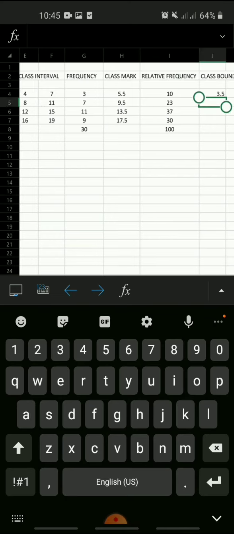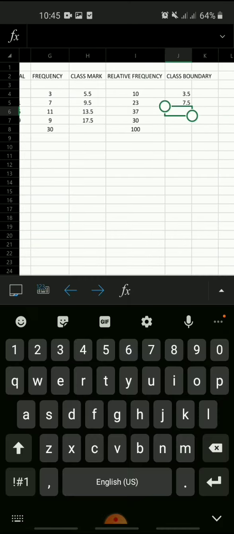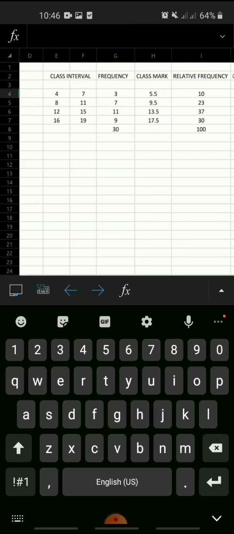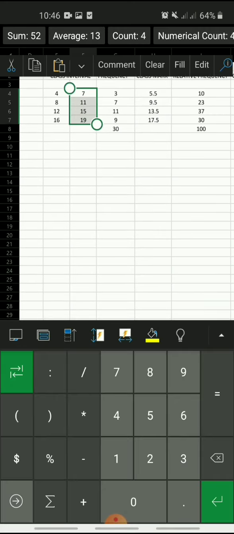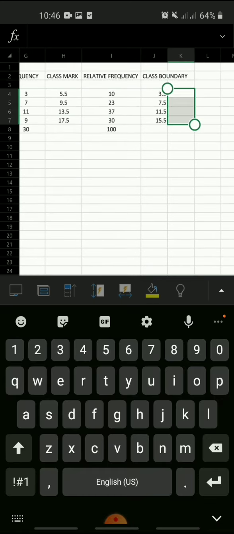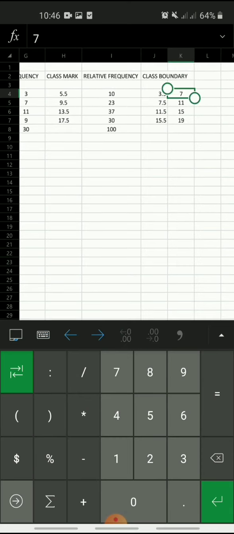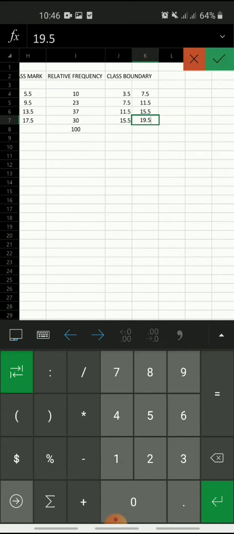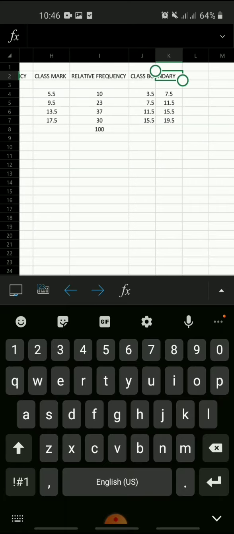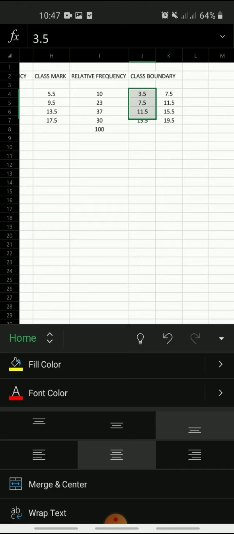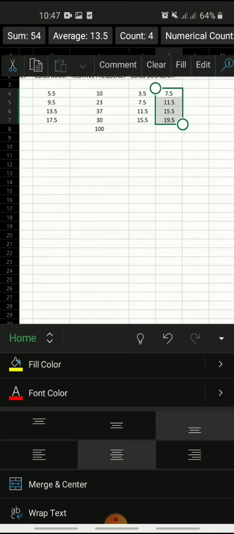Then 8 is 7.5, 12 is 11.5, and 16 is 15.5. And here we add 0.5 to the upper limits. So these are our class boundaries, where we subtract 0.5 from the lower limits and add 0.5 to the upper limits.